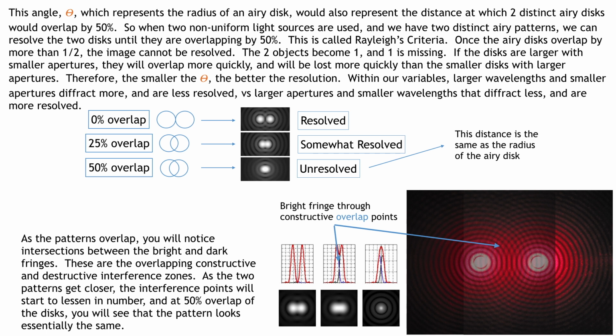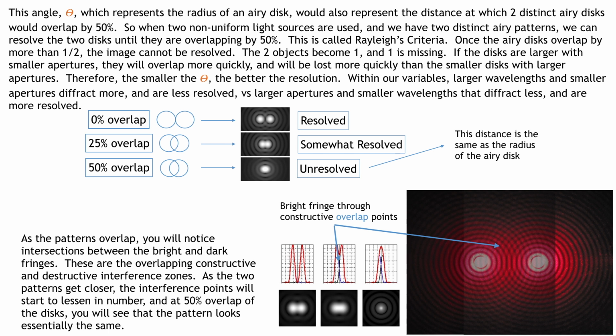So as the patterns overlap, you'll notice intersections between the bright and dark fringes. These are overlapping constructive and destructive interference zones. So as the two patterns get closer, the interference points will start to lessen in number, and at 50% overlap of the disks, you will see that the pattern looks essentially the same.